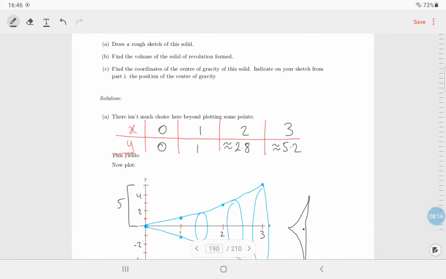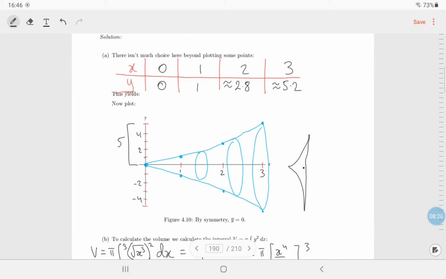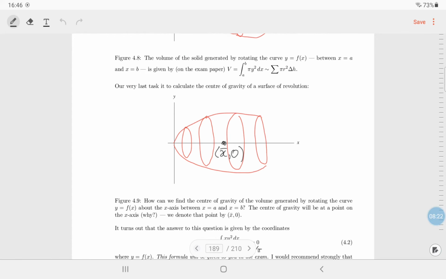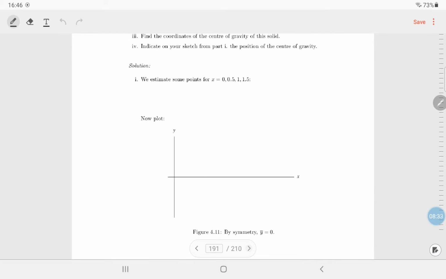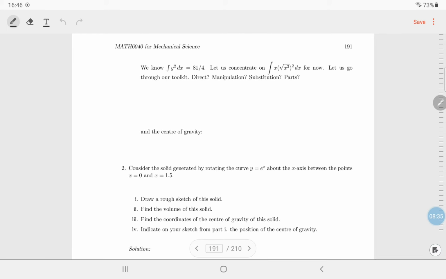Now the other thing we need is to find the coordinates of the center of gravity. So what's the formula? You can use whichever one you want. I think we'll use the last one: the integral of pi x y squared.